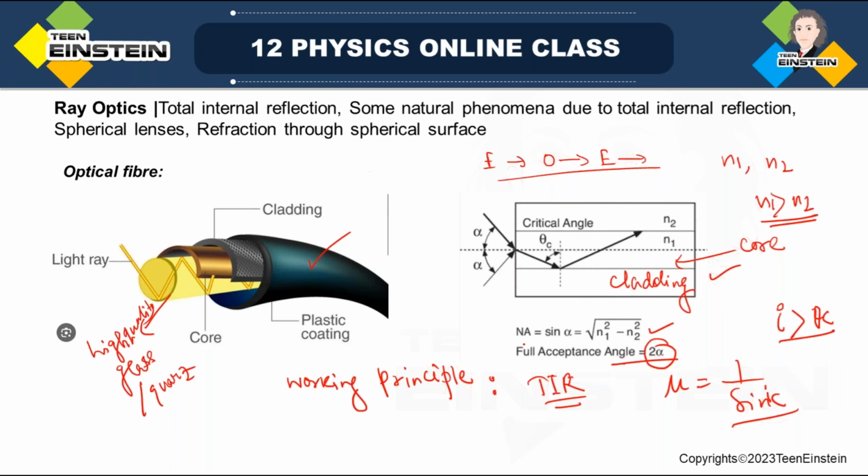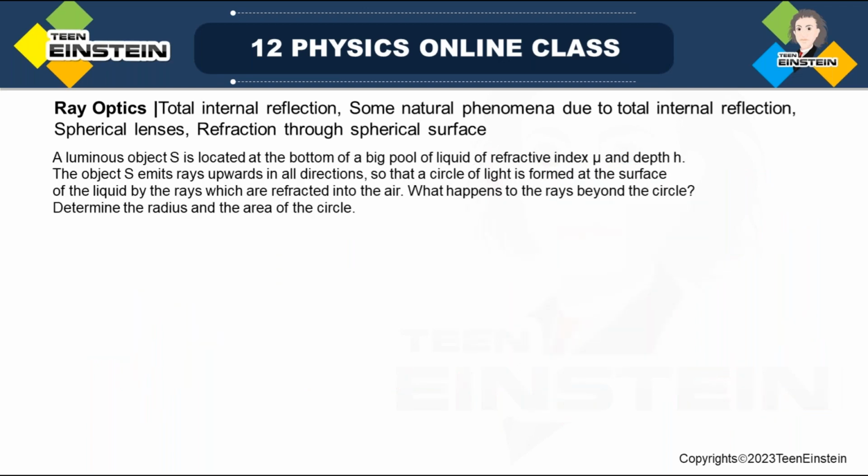So this is a small piece of information about optical fiber, and as you know, it works on the principle of TIR. Okay, now we'll see one good application of total internal reflection in nature.